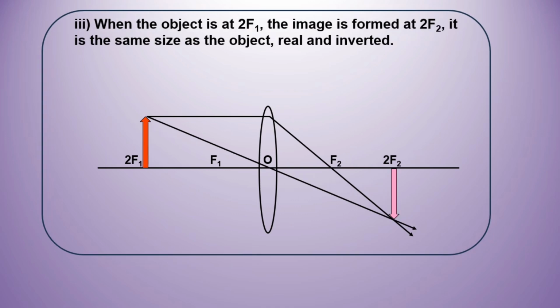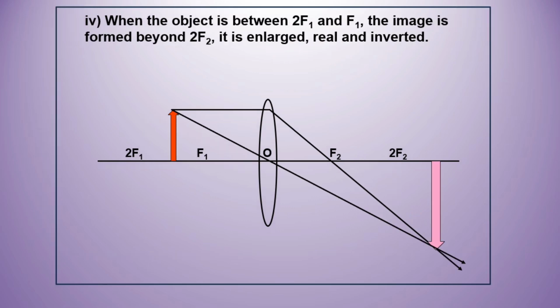In this diagram, when the object is present at 2f1, the image will be formed at 2f2. It is the same size as the object, and the image is real and inverted. And in this ray diagram, when the object is between 2f1 and f1, the image will be formed beyond 2f2.